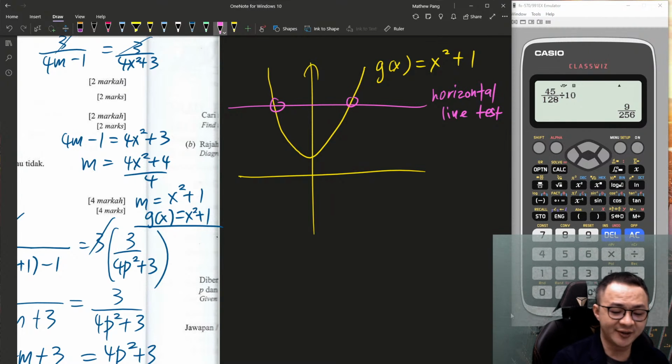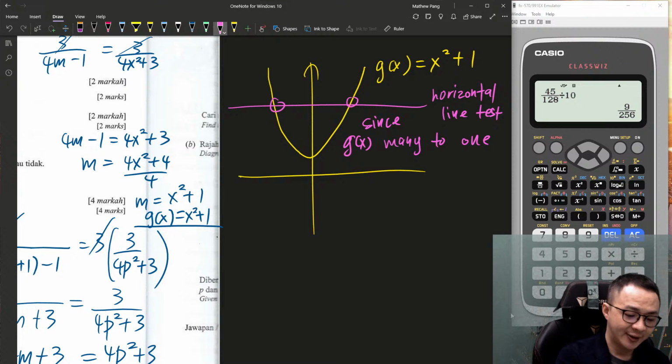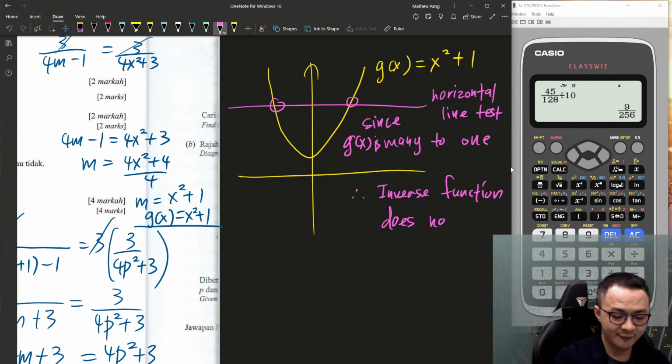So this one is called many to 1. So since g(x) is many to 1, therefore inverse function does not exist.